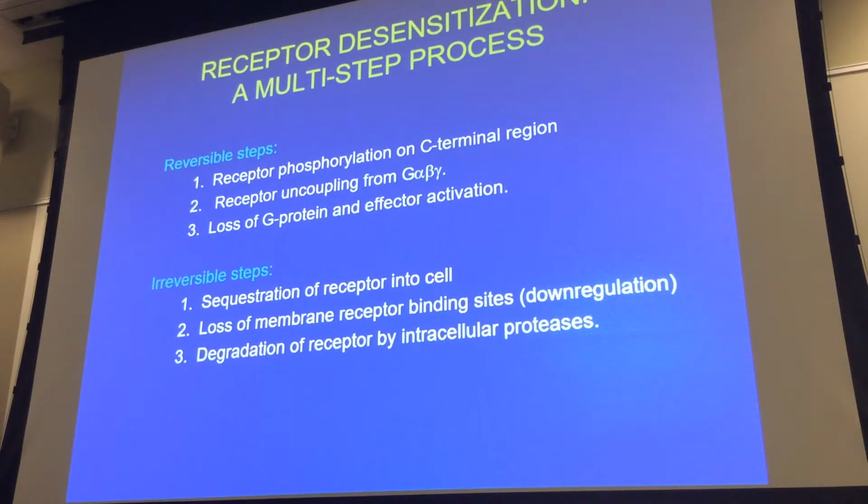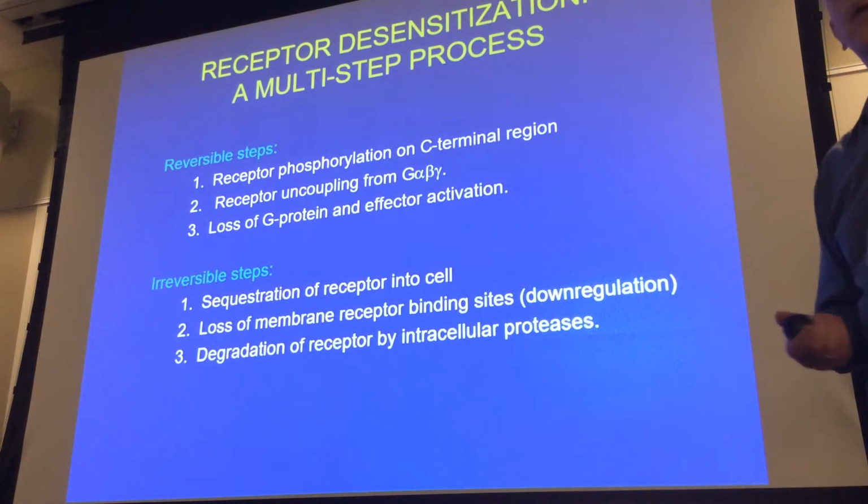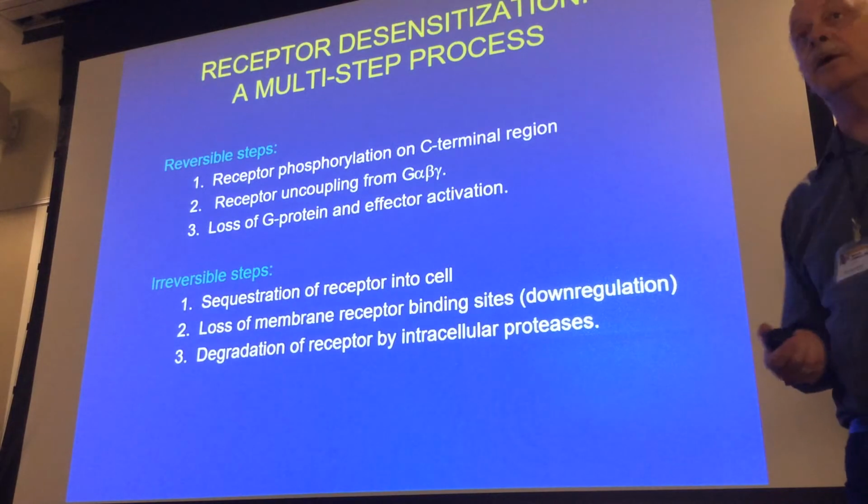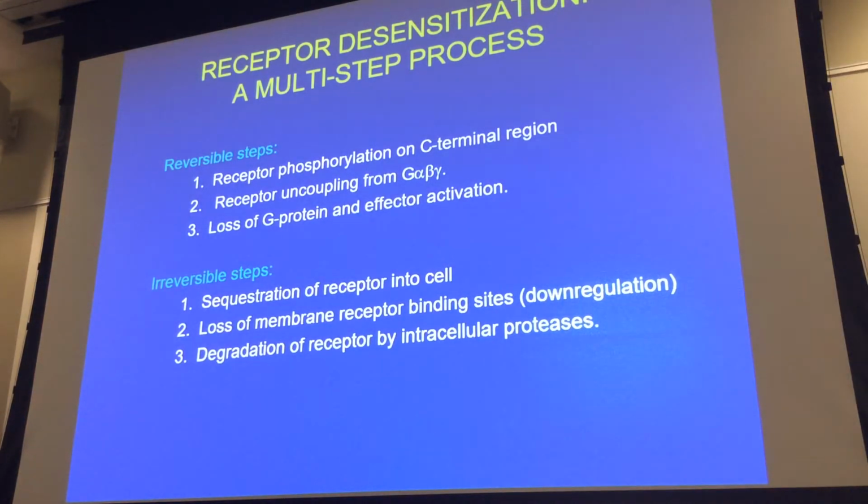And it'll take a while to do that, because you've got to start in the nucleus by increasing RNA synthesis, then translating the RNA into protein, and that protein has now got to be transported all the way down the axon through microtubular transport, and inserted into the membrane the right way. So it takes a while to do that.